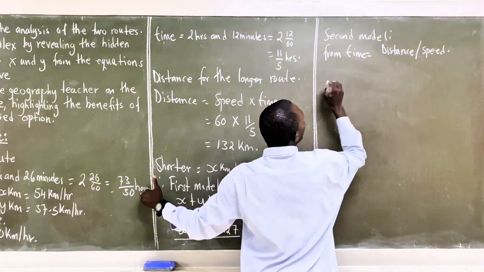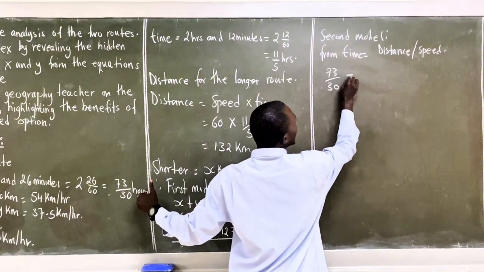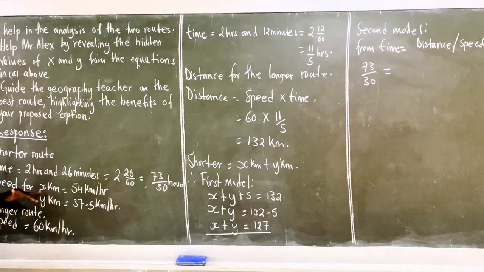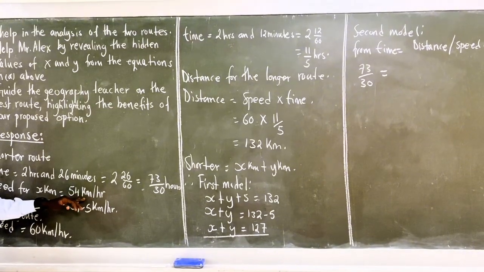So 73 over 30 is going to be equal to the distances. We have two: x kilometers and y kilometers with their respective speeds.